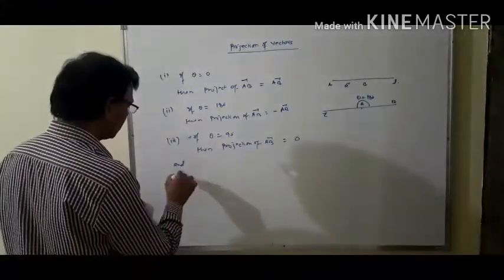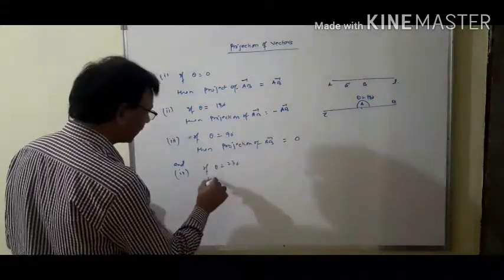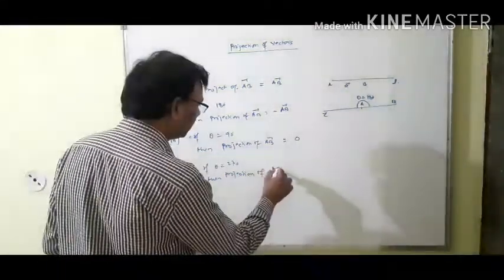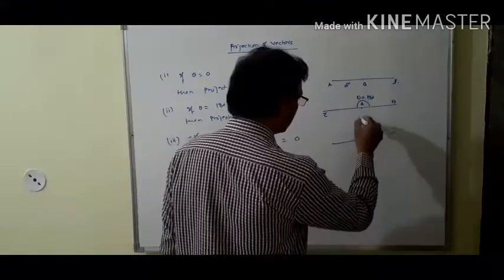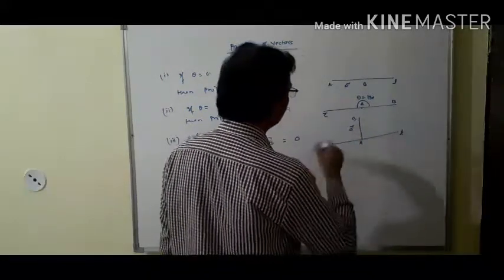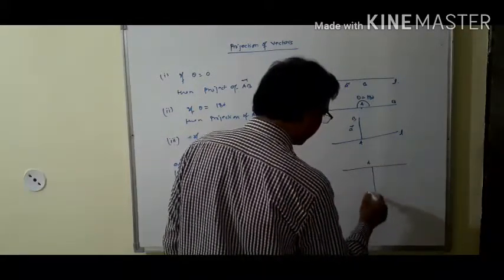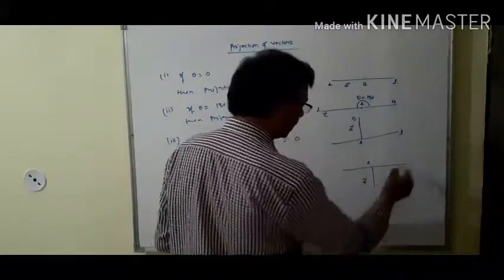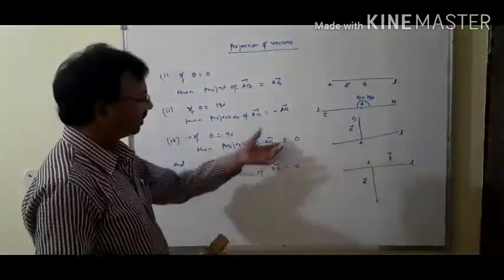And in the fourth situation, if theta equals 270 degree, then projection of AB is also 0, because in both situations this is the AB, A to B, denoted by vector A. This is the line L, and in this situation this is the AB, denoted by A. This is the line L and this is the P. In both situations, projection of AB will be 0.